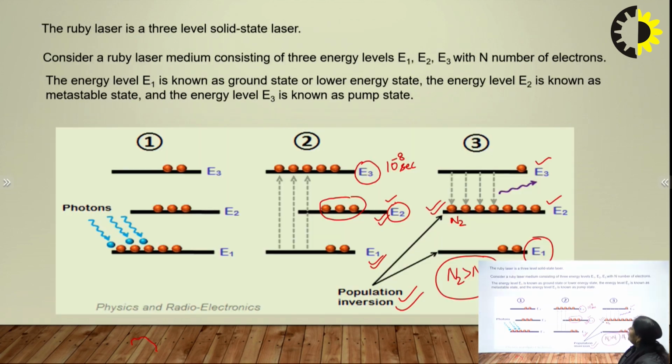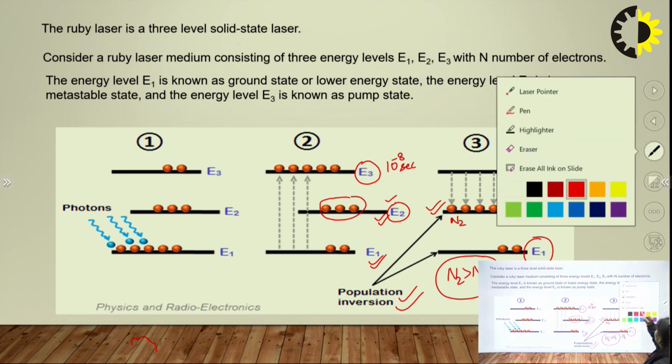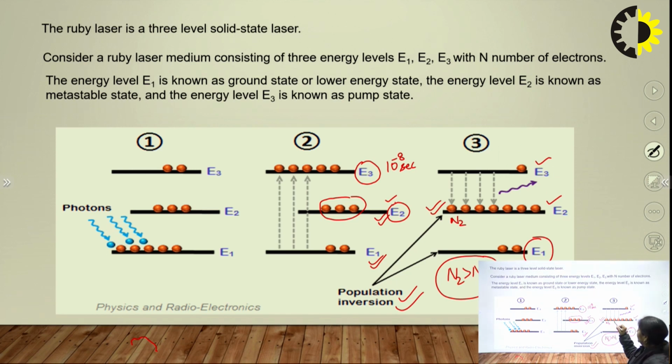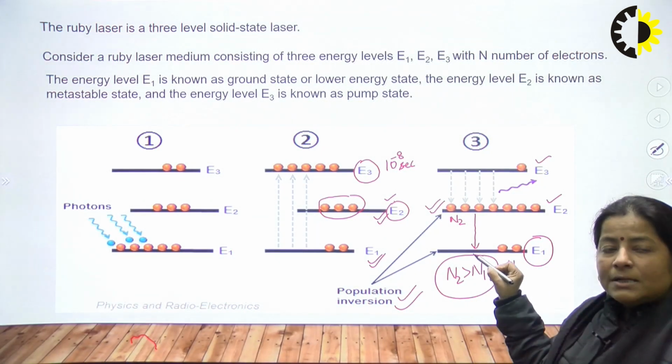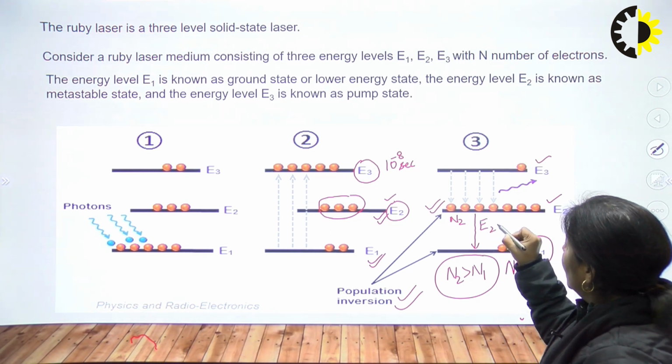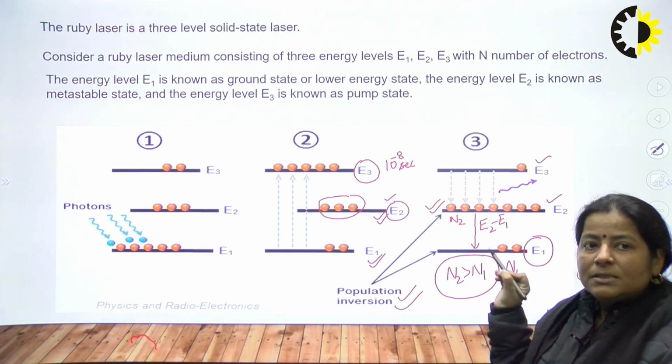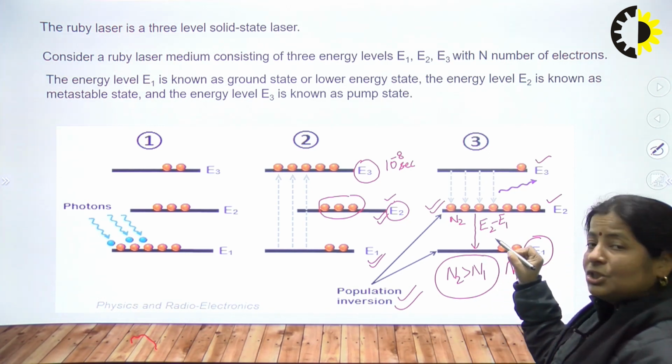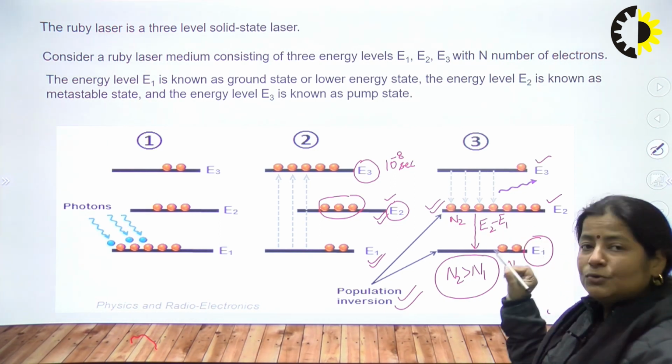Now we must understand that when the atoms start collecting in this state, since N2 is greater than N1, if by some means one of the atoms starts coming down, it will give out certain energy, a certain radiation, equal to E2 minus E1.